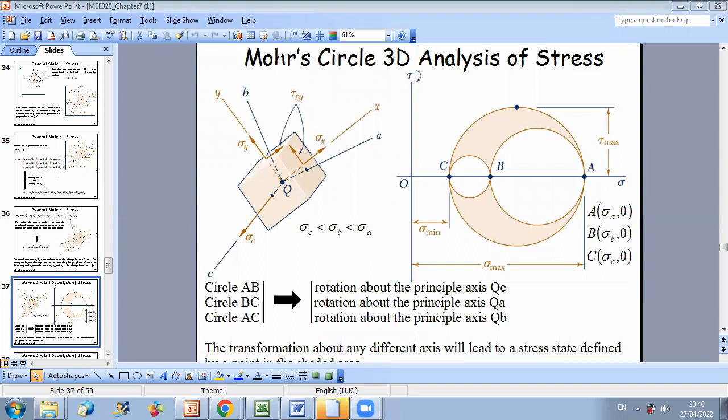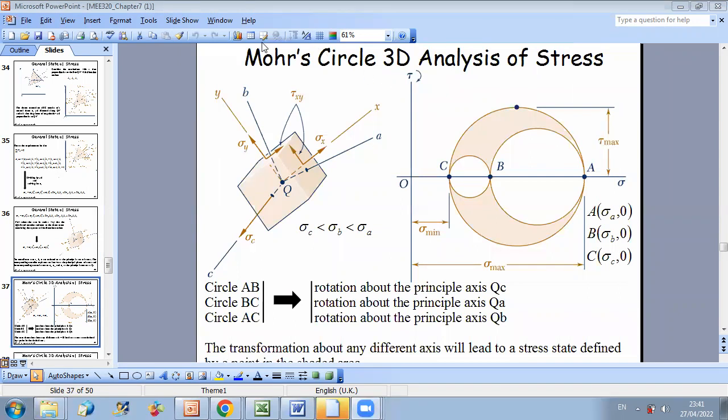Now, Mohr circle can also be used in 3D analysis of stress. What is the idea there? If I know the principal axes A, B, C, then I can draw the Mohr circle. For this 3D case, we know that the shear stress is 0 for principal axes.